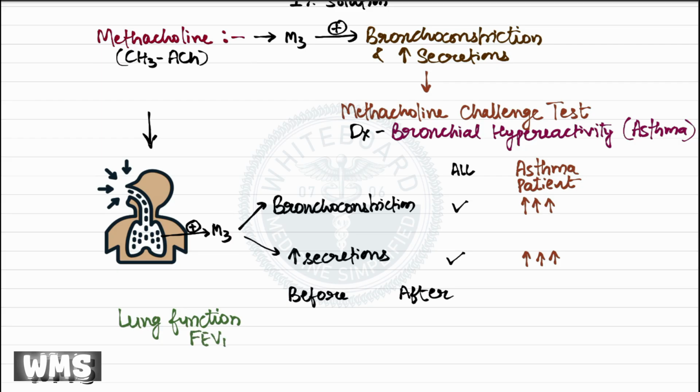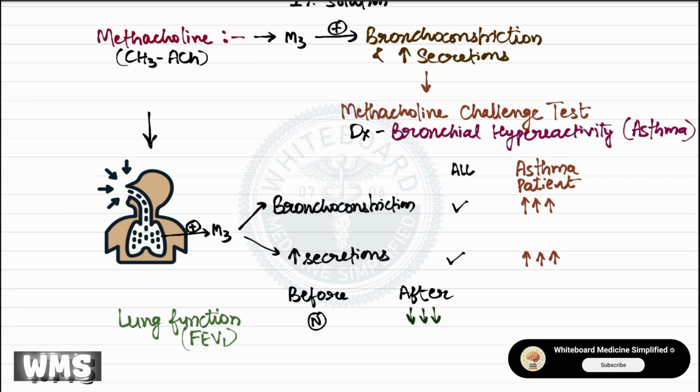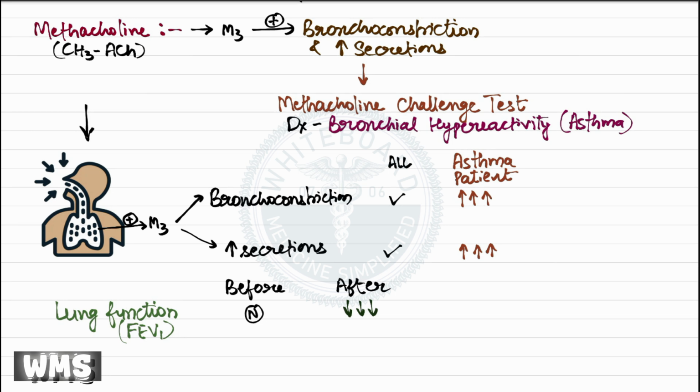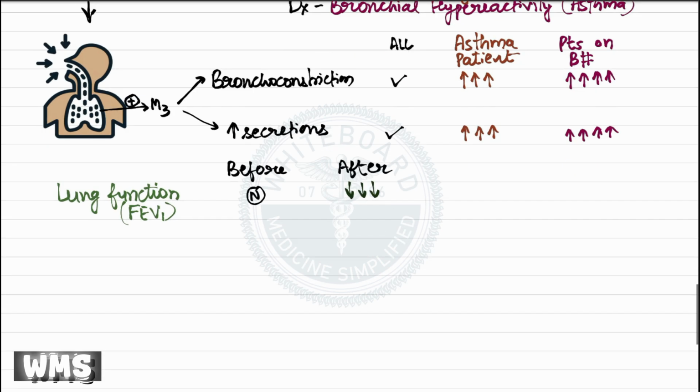And if there is a significant fall in FEV1, it suggests the presence of bronchial hyperreactivity, which supports the diagnosis of asthma. One important thing to remember is that the response to methacholine can be more exaggerated or prolonged in patients who are taking beta-adrenergic receptor blockers, because these drugs prevent bronchodilation.